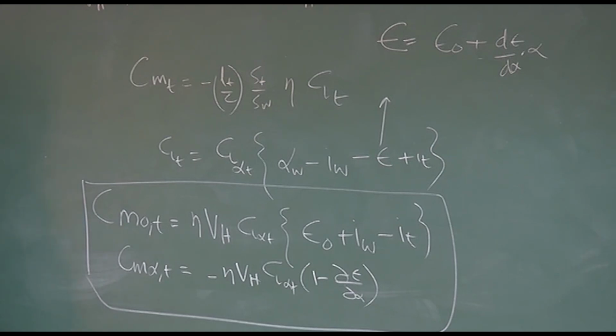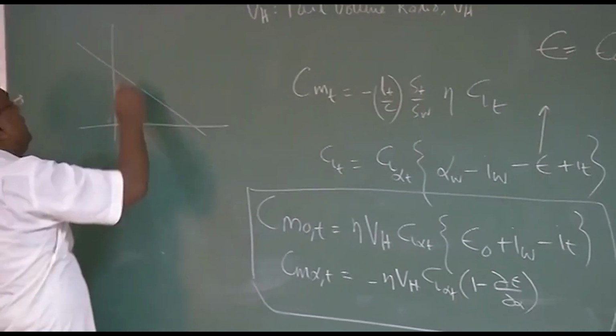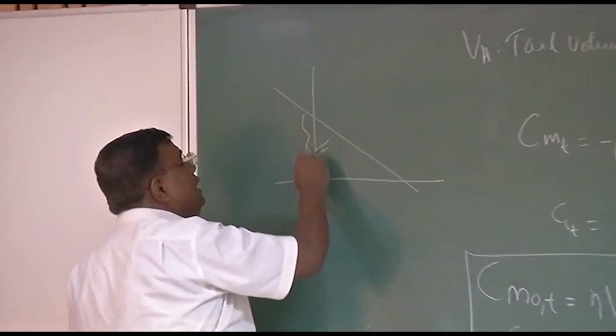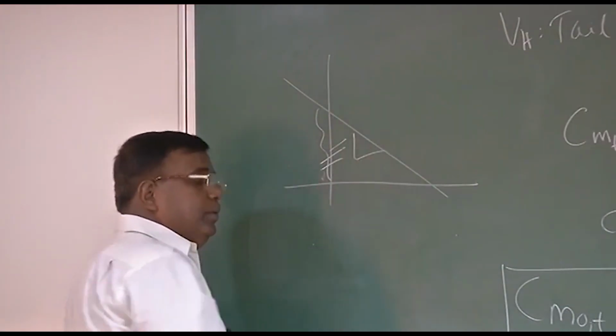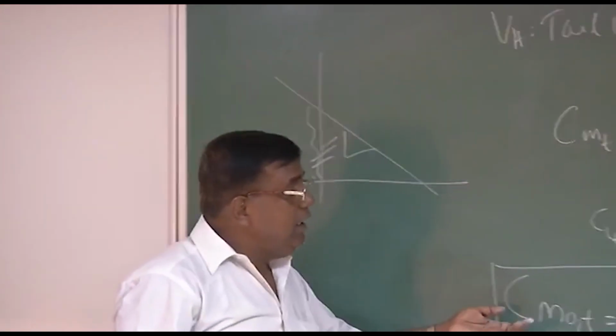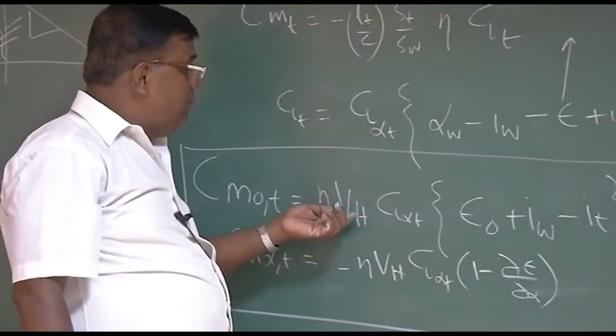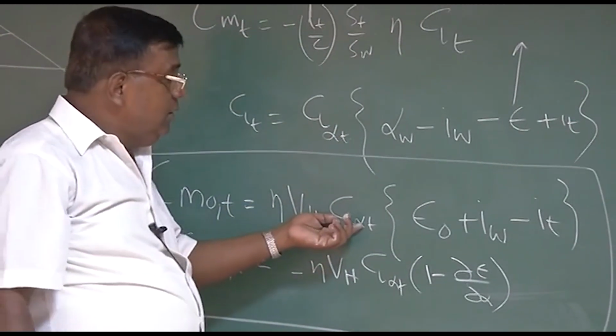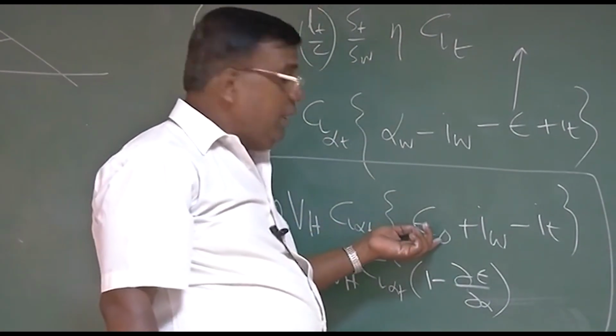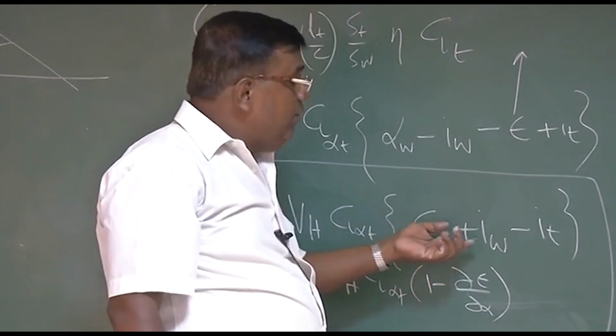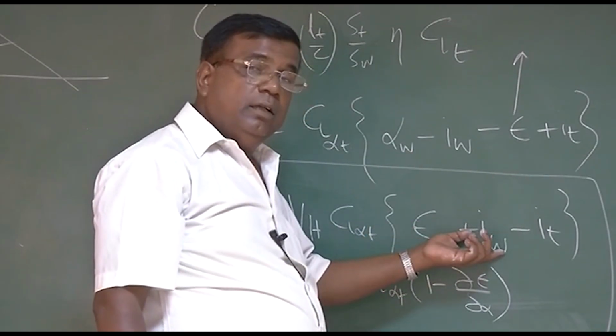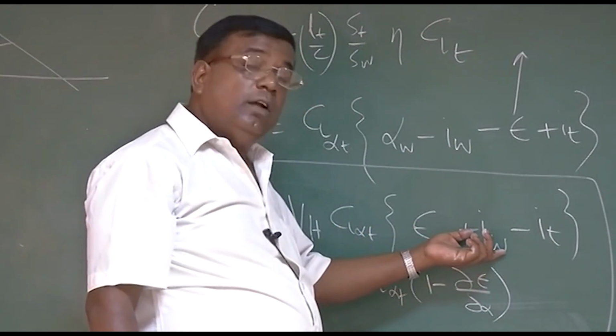I again take you back. Please remember, we're trying to see how much the tail will contribute towards adding to Cm naught and towards the slope. What is the first expression telling? You could see this is positive, this is positive, this is positive. Epsilon naught, suppose a symmetric airplane, epsilon naught is 0. If I don't put any wing setting angle, this is 0.